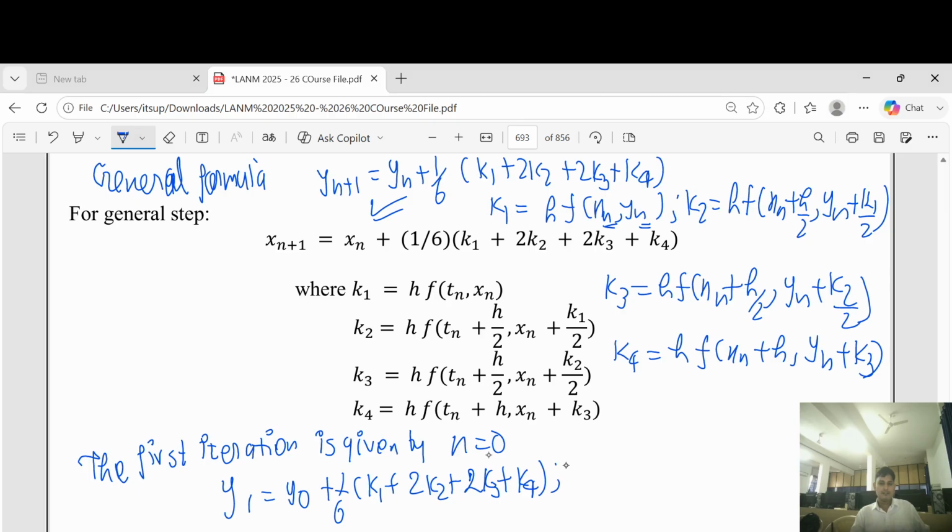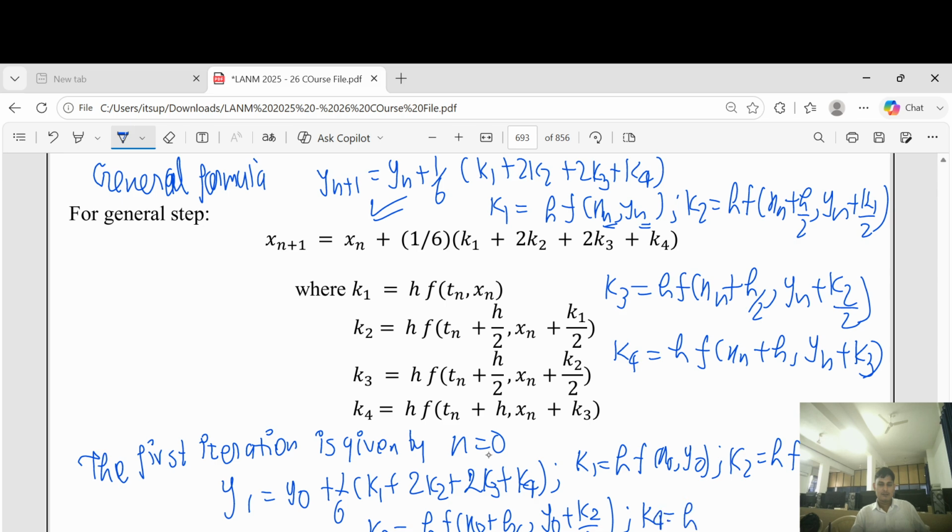And these are reduced as k1 is equal to h of f of x naught comma y naught. K2 is h of f of x naught plus h by 2 comma y naught plus k1 by 2. And k3 is h of f of x naught plus h by 2 comma y naught plus k2 by 2. And k4 is h of f of x naught plus h comma y naught plus k3. Okay, so this is the first approximation.